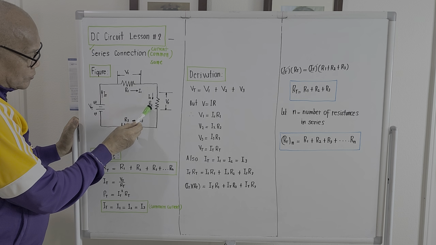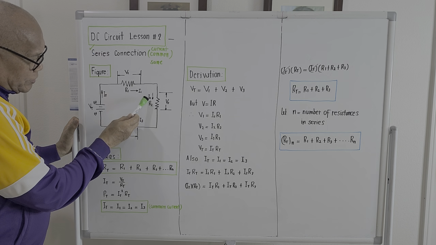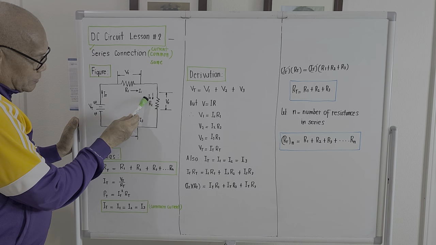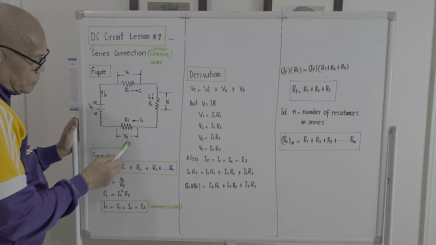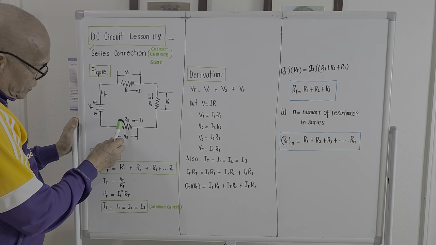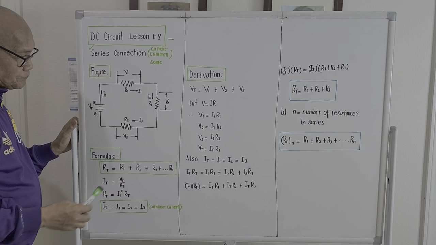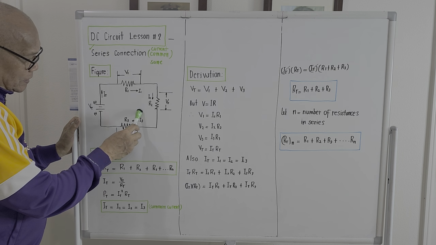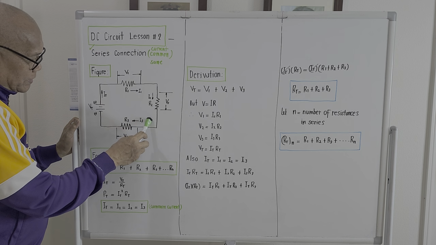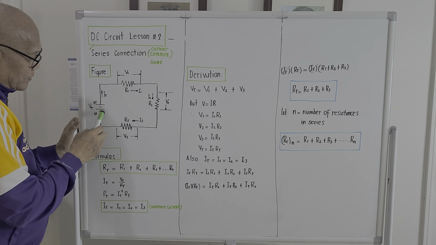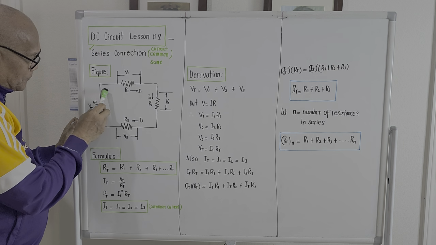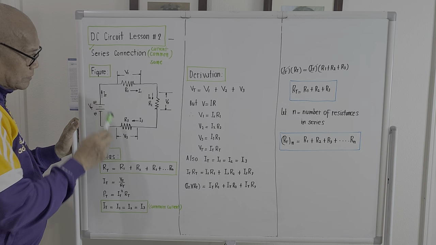The current passing through R2 is designated with capital letter I with the subscript 2, meaning I2. The current passing through R3 will be capital letter I with the subscript 3. And the total current coming from the battery will be capital letter I with the subscript T.